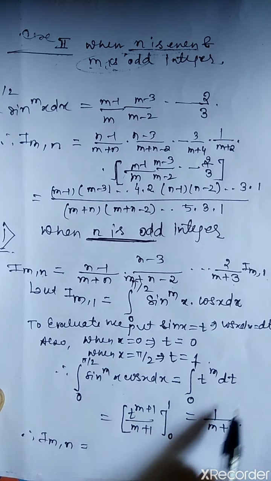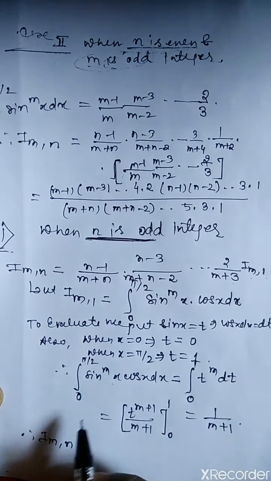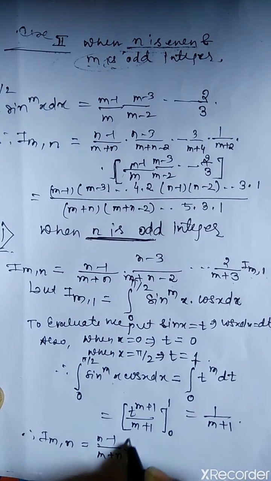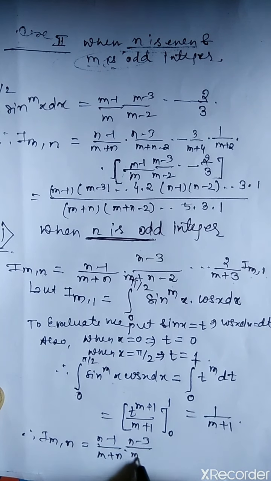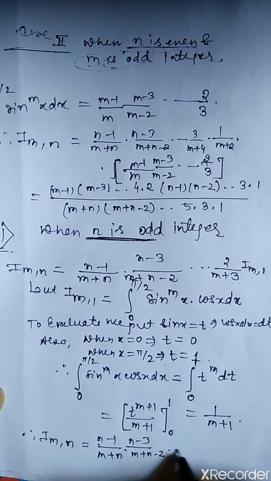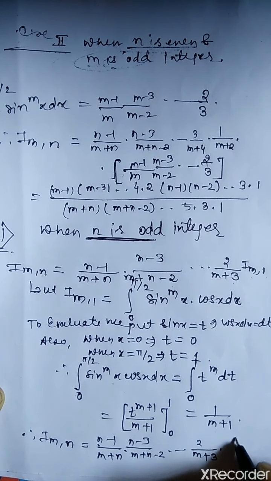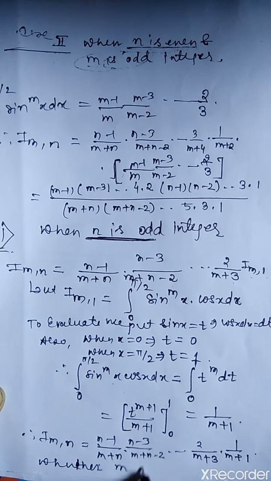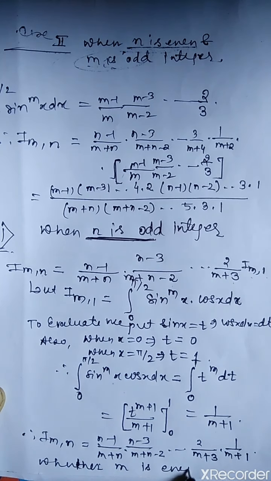So let us put this value here. We are left with the value (n minus 1)/(m plus n), (n minus 3)/(m plus n minus 2), up to 2/(m plus 3), into 1/(m plus 1), whether m is even or odd.